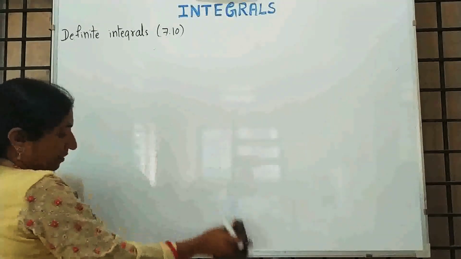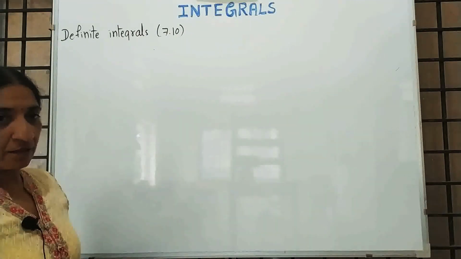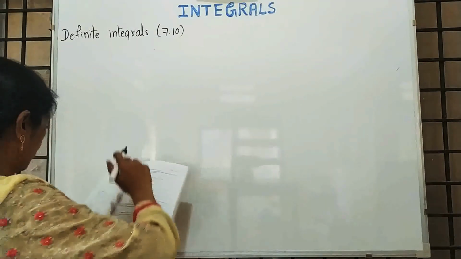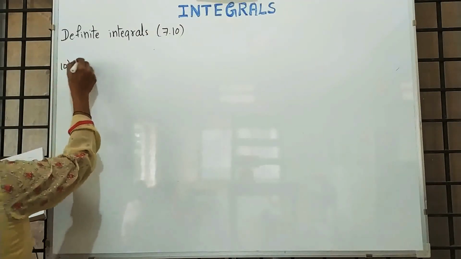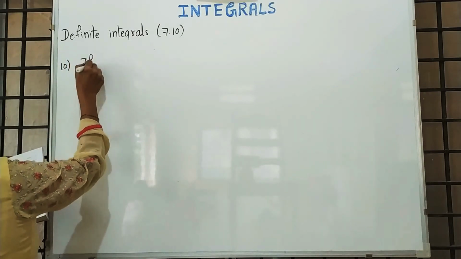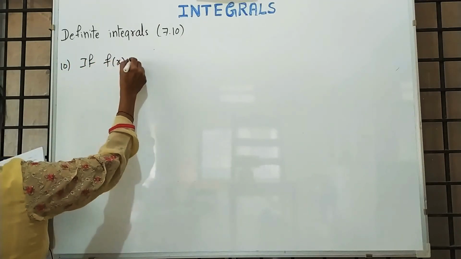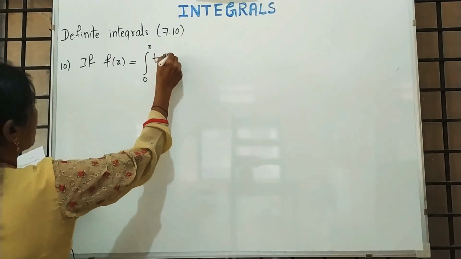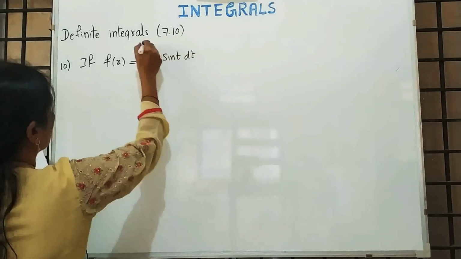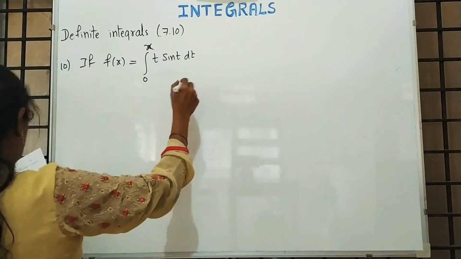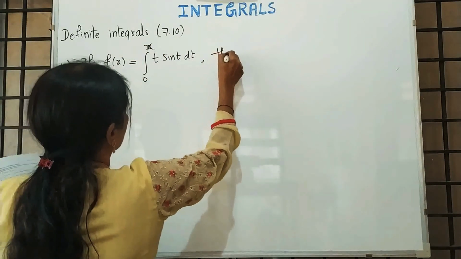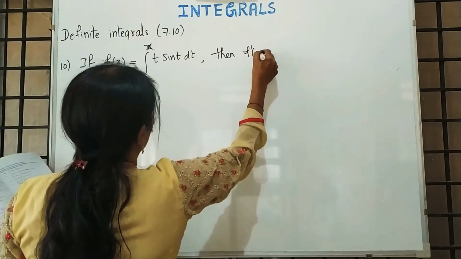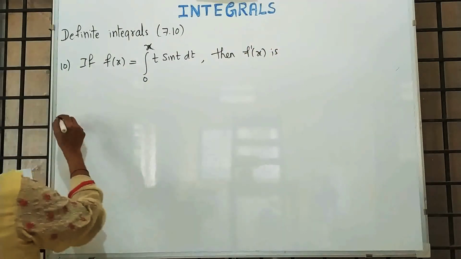Next, moving to the last question of this exercise. That is the 10th one. If f of x is equal to integration from 0 to x of t into sin t into dt, then f dash of x is, that means differentiation.